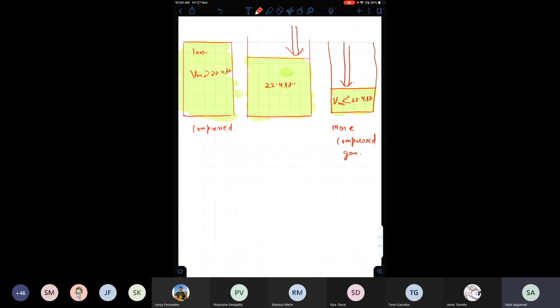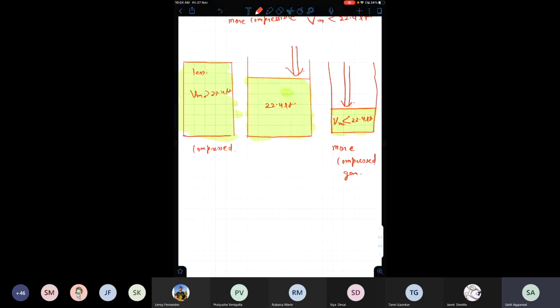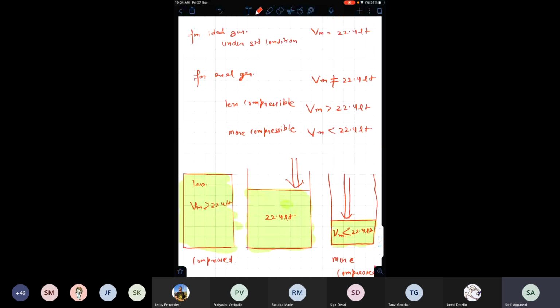If your gas is not compressible, you cannot make it to smaller volume. Okay, Deepika. If your gas is more compressible, you can easily decrease the volume. If your gas is not compressible, you cannot compress the volume. Chalo.